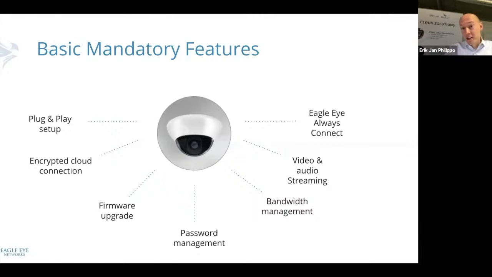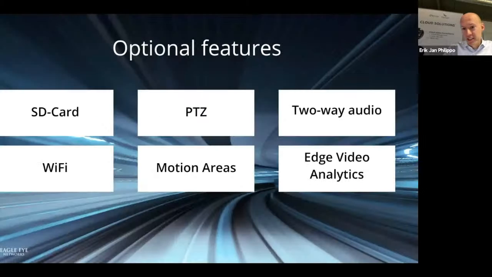Besides the mandatory features, we also have optional features. These are features that are available for camera manufacturers to integrate, and it depends on the hardware capabilities. Not all cameras have PTZ or Wi-Fi, but you can configure those features as well via the cloud.